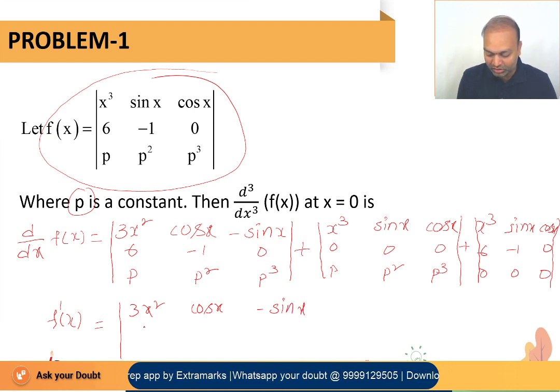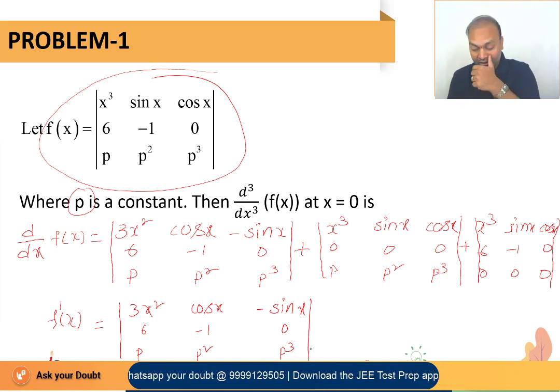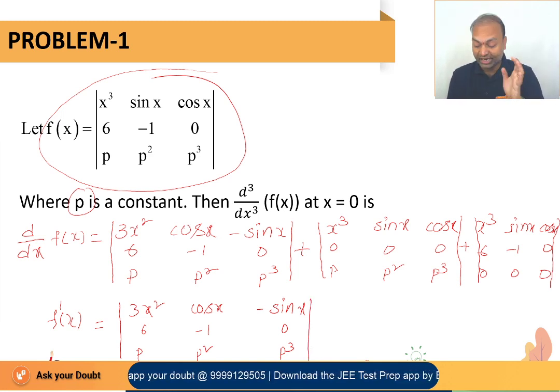Second row values 6, minus 1, 0. Third row p, p square, p cube.